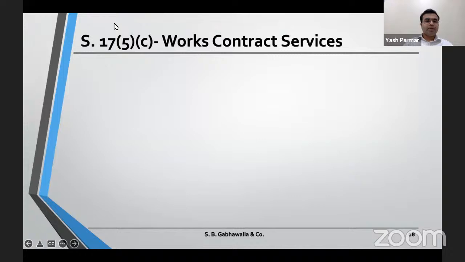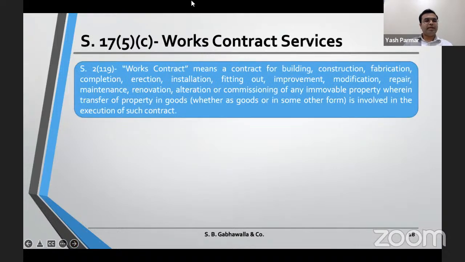The next clause which we'll be discussing is clause C, which deals with works contract service. Before going into this particular clause, let us quickly try to understand the definition of works contract service, which is defined in section 2, clause 119.